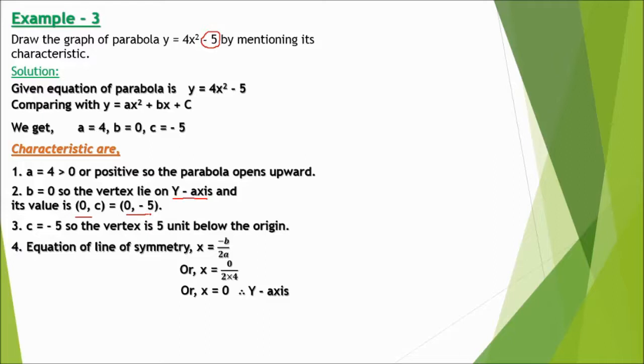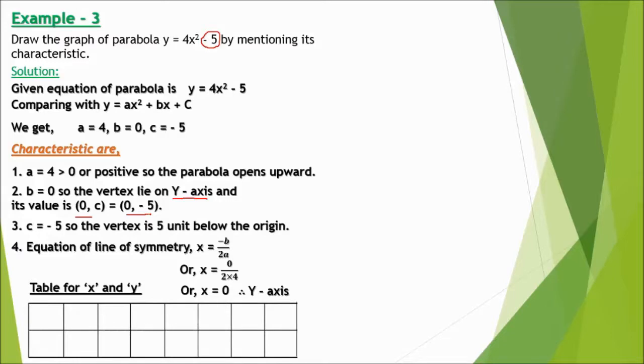Let's draw the table for x and y, like in previous example. 7 points are needed. One of the points is vertex. First x and y. Now here middle point will be the vertex.